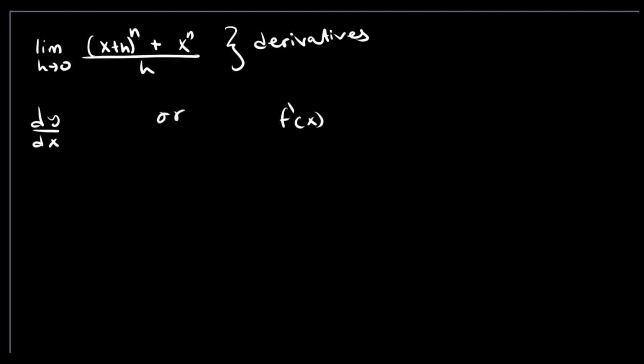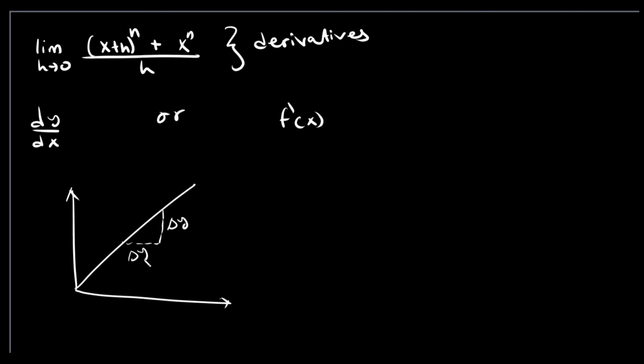let's just take a graph for example. Okay, so this is our simple graph. So we want to find the slope. This is a linear function. This is the difference in y, and the difference in x.